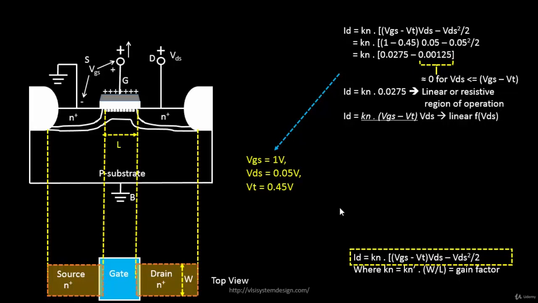Okay, and this goes in par with the explanation that the MOSFET operates in the linear region. The reason is purely simple: for all values of VDS less than VGS minus VT, this brings us to a very good model for ID, which says your device operates in the linear region or resistive region of operation. And this is a very basic, very simple model for the drain current in the linear region.